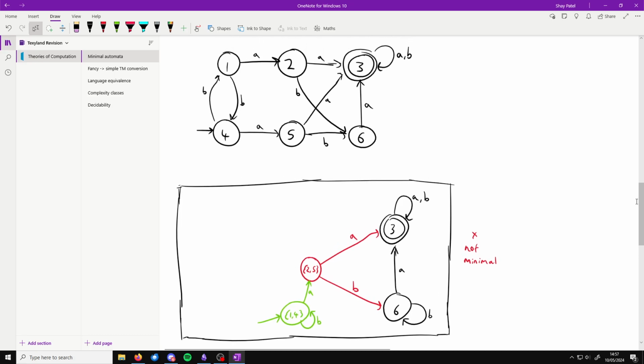Are we sure 3 and 6 is not equivalent? 2, 5, and 6 are the same. So 2, 5 accepts BA, 6 accepts BA, 2, 5 accepts A, and 6 accepts A. So these two are also equivalent. Can we think of any words which one of these accepts which the other doesn't?